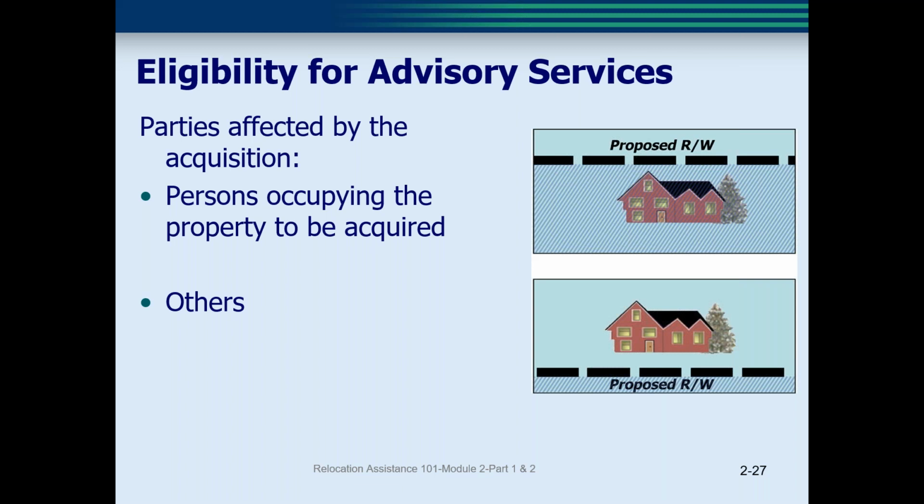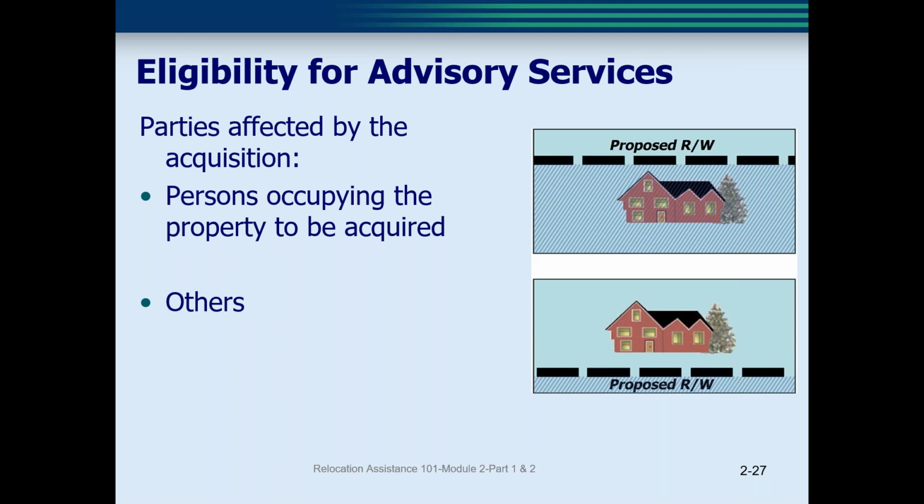for advisory services. Other people who may be offered advisory services would be those whose house or business is not actually acquired, but the agency determines that they are affected by the project. For example, let's say in the second picture in the slide, the building is a business and the proposed right-of-way line is eliminating several parking spaces.